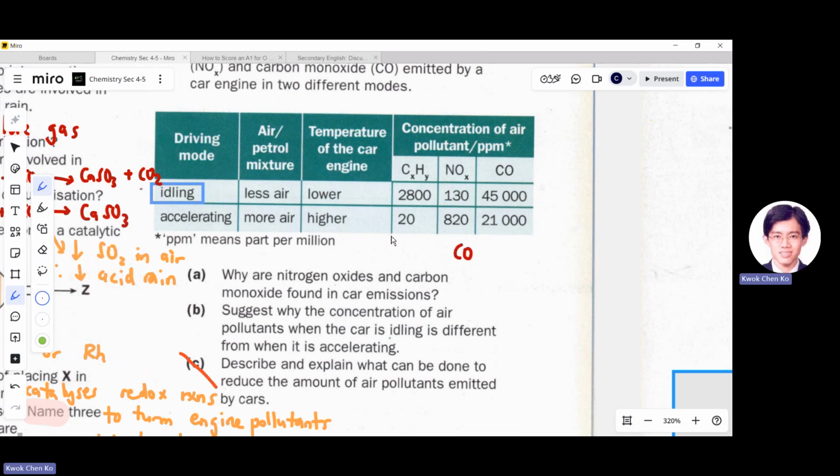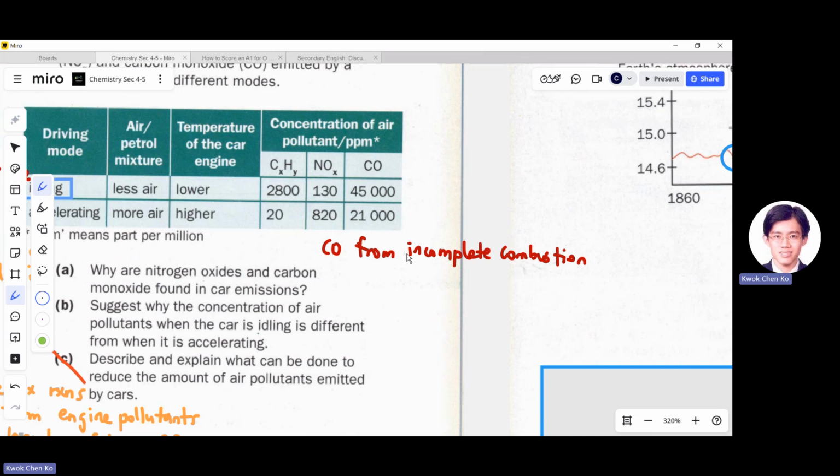CO is from incomplete combustion. Make sure you have the words incomplete combustion in your answer. Okay, and of course that happens in the car engine. But nitrogen oxides is different.